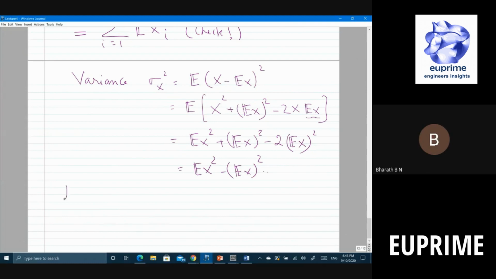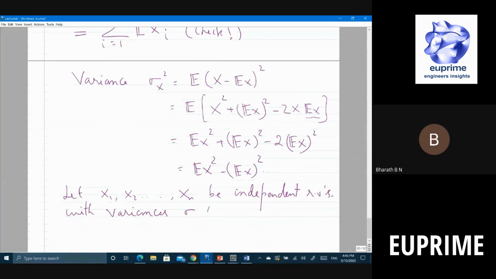Now let x1, x2, and so on xn be independent random variables with variances sigma 1 squared, sigma 2 squared, and so on, sigma n squared.